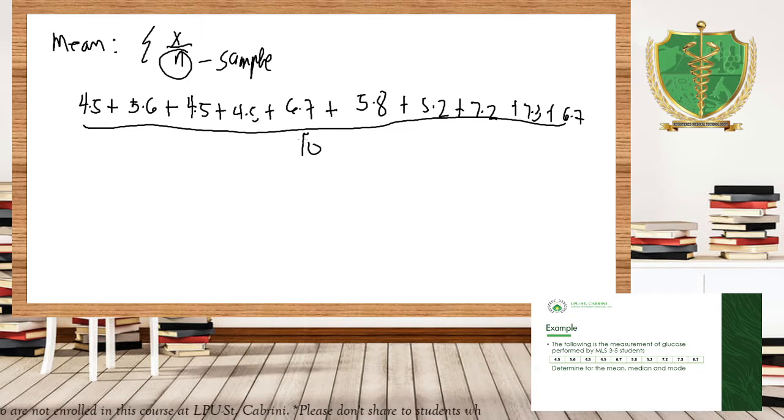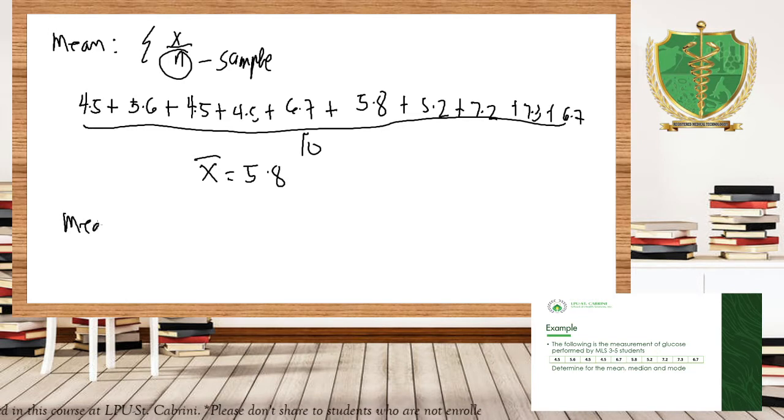That's going to be 5.8. So our mean, sometimes referred to as x bar, is equal to 5.8.